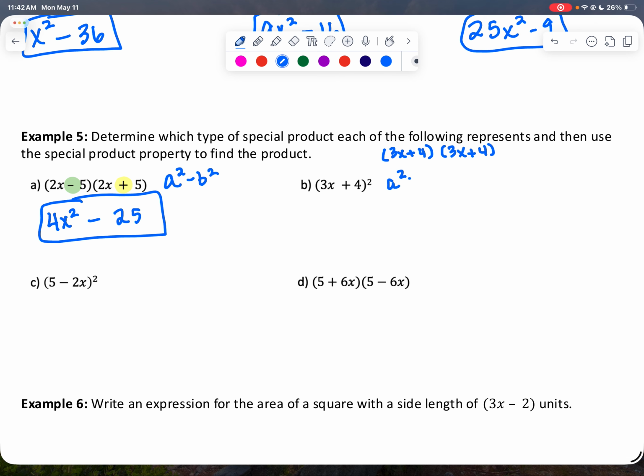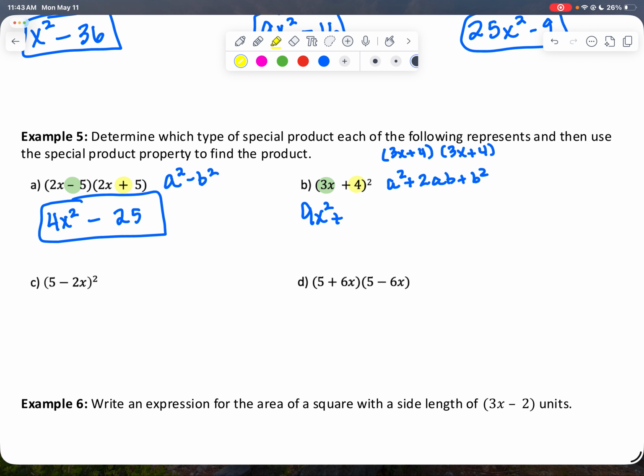A squared, always write down the pattern you're going to use. This is the pattern we're going to use. A squared plus 2ab plus b squared. So according to this pattern, you square the first term, which is 3x. So 3x times 3x is 9x squared. Then you put a plus. Now to get the middle term, you multiply the first term, 3x, times the second term, and then double it.